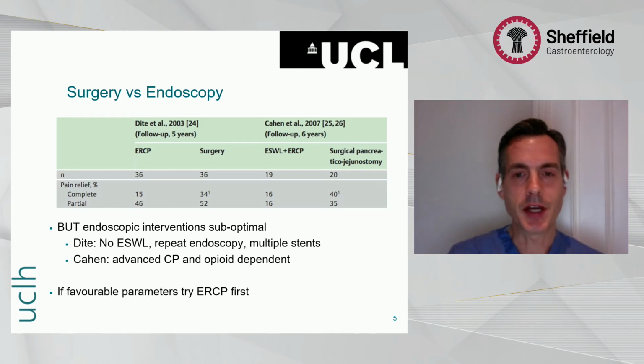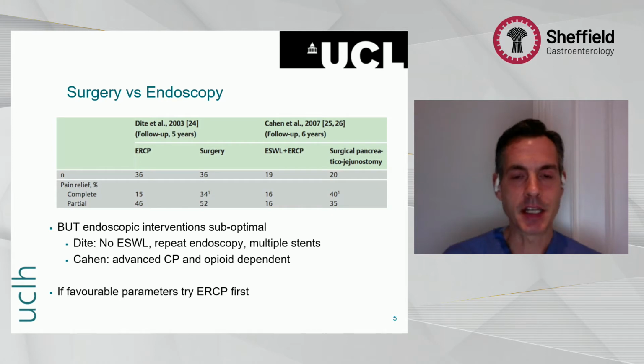Trials from 2003 and 2007 came down on the side of surgery, but both of these have subsequently been criticised. I won't go into the details of that, but largely the Dite study did not include ESWL, which is extracorporeal shockwave lithotripsy. There was no repeat endoscopy. There was no multiple stenting, no attempts to remodel strictures.